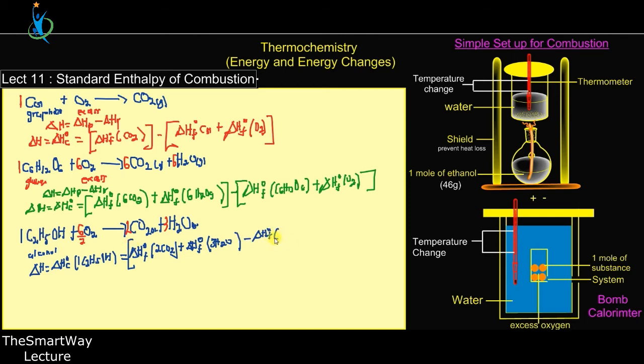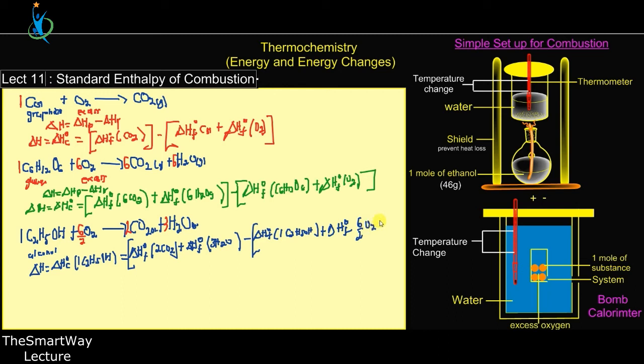So the standard enthalpy of formation of the alcohol, that is 1 mole of the alcohol, and then plus the standard enthalpy of formation of oxygen. How many moles of oxygen do we have here? We have 6 over 2 moles of oxygen gas.